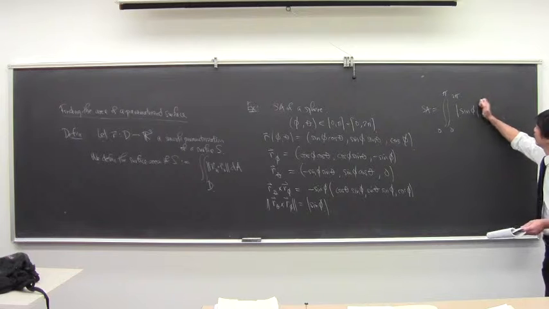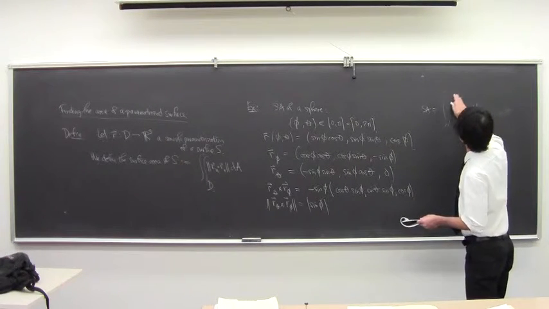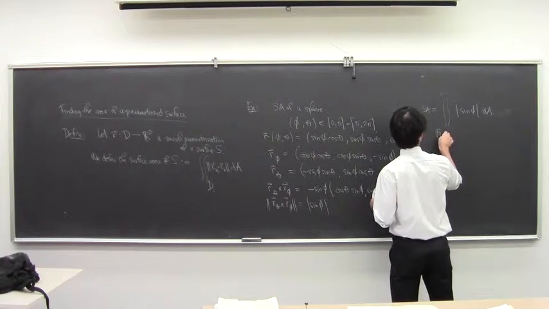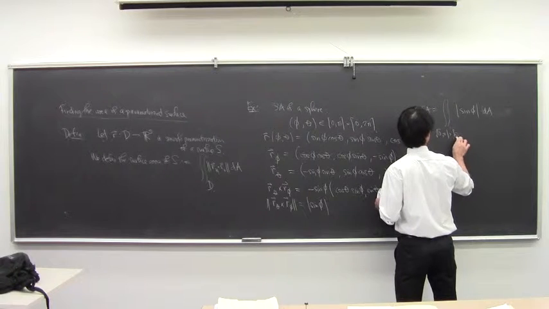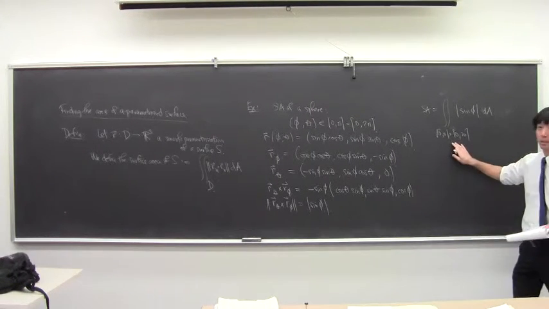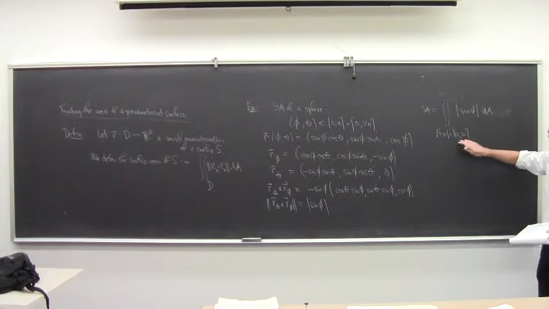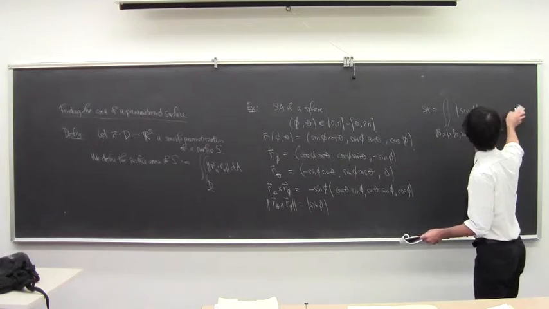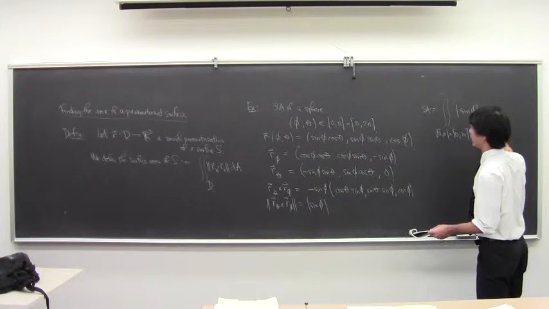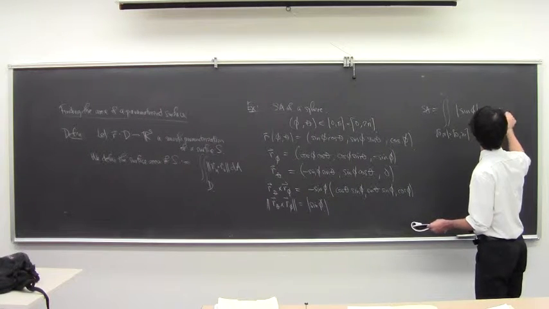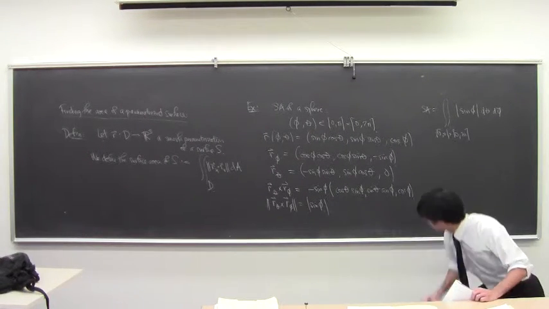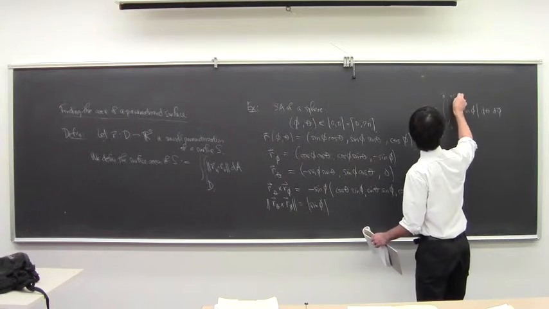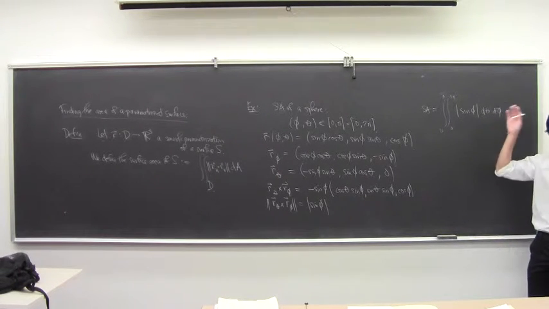Everyone okay with that? Right? We're integrating this as theta and phi range over this, and you can do it in whatever order you like. So we're going to take d theta d phi. Doesn't matter. Okay, so 0 to pi, 0 to 2 pi. And you notice that sine phi is always going to be positive in this range.